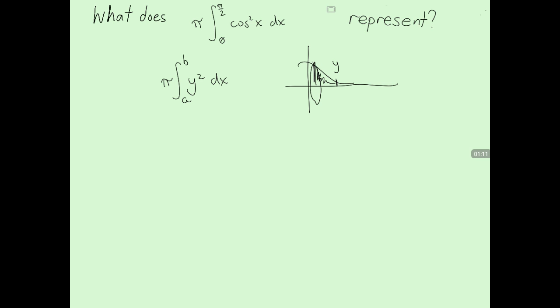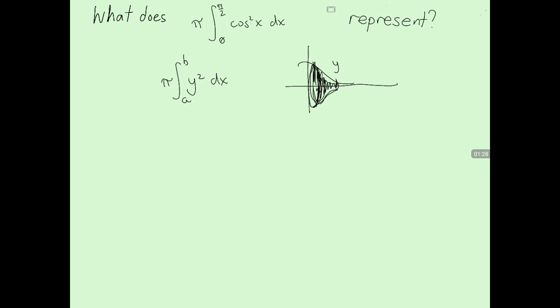So if we were to rotate this section about the x-axis from here to here, you would get some shape like this. And this entire thing specifies the volume of this shape.